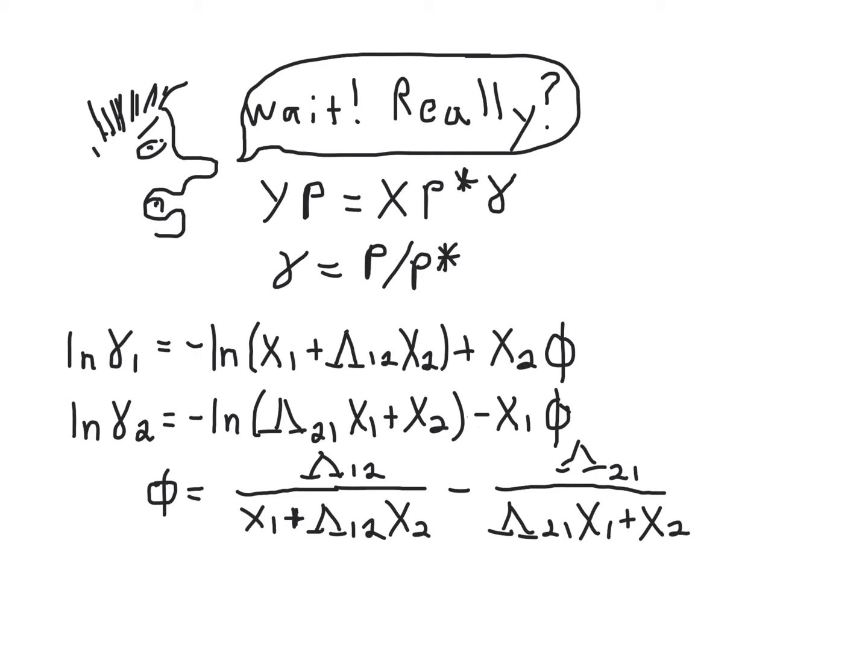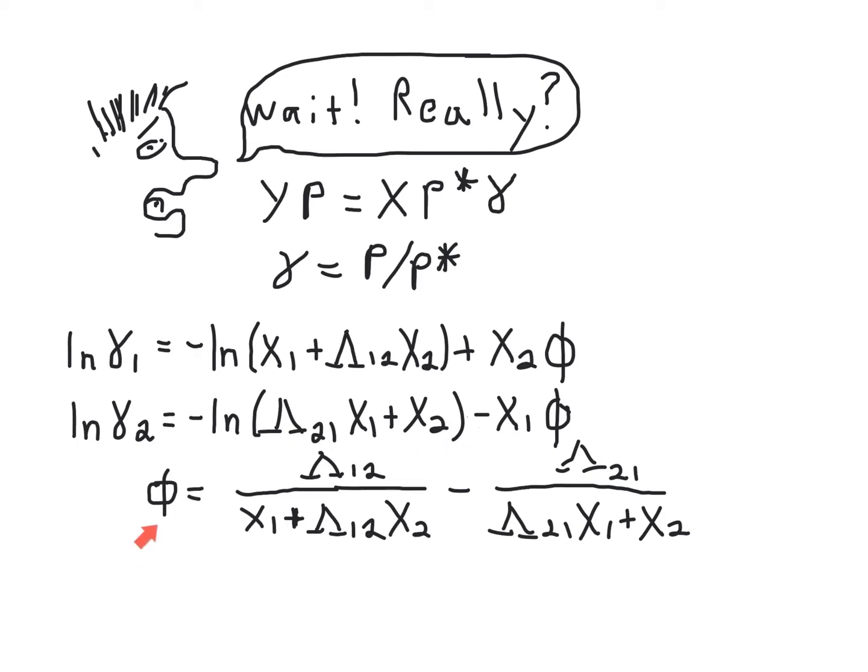And here, for the other chemical, we have ln gamma 2 is equal to minus ln of (lambda 2,1, a different constant, times x1 plus x2), minus, this is different than up here, see this is minus, that's plus, x1 times phi.